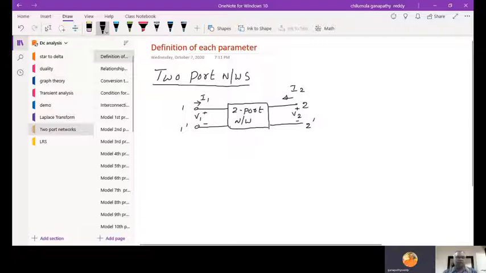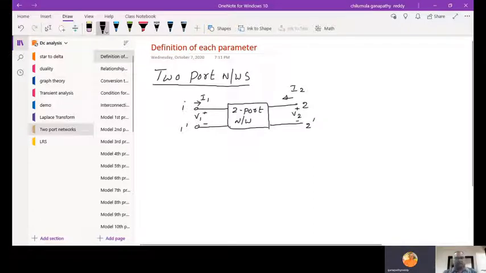We can also add third port V3, I3, fourth port V4, I4, like that n number of ports. If we remove second port, it is only one port network. Minimum number of ports needed is one. Maximum can be any number. But as per this syllabus, we study only two port networks.